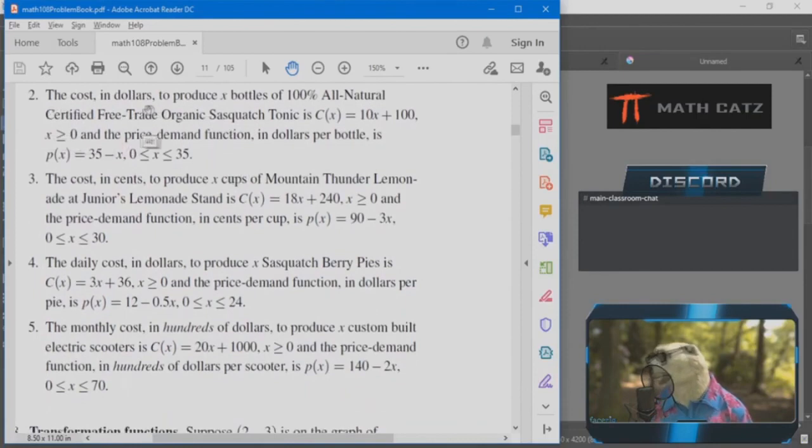So the cost in dollars to produce X bottles of something, Sasquatch tonic, that's cool, C is my cost function, just a different function, still the cost. And the price demand function, that predicts my price per bottle, is 35 minus X.